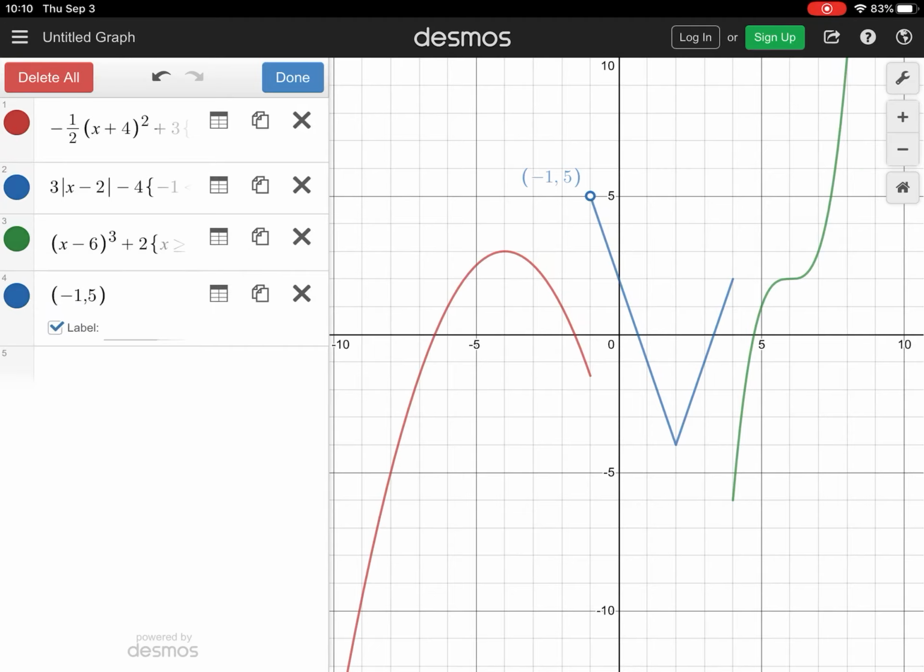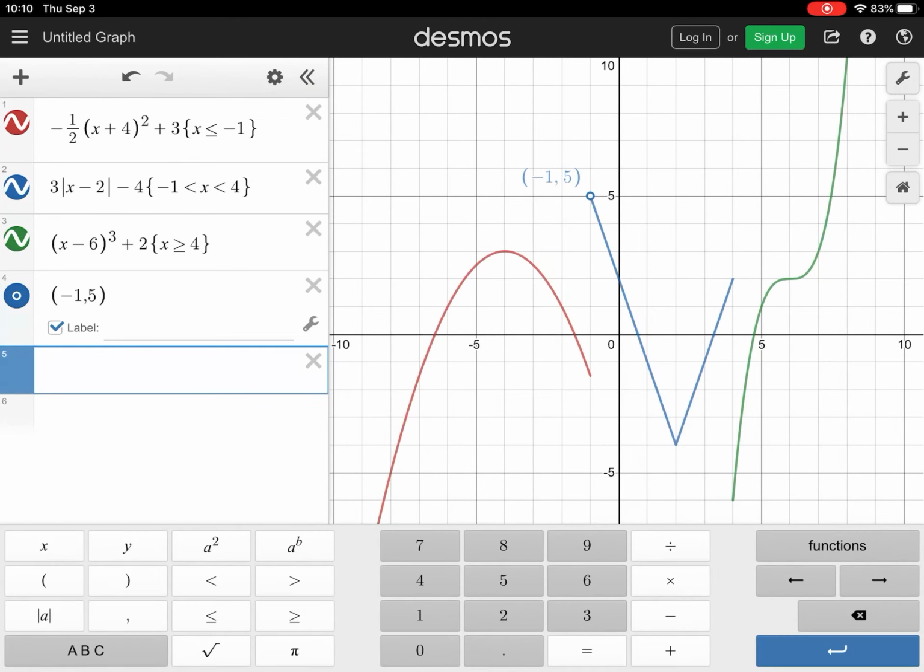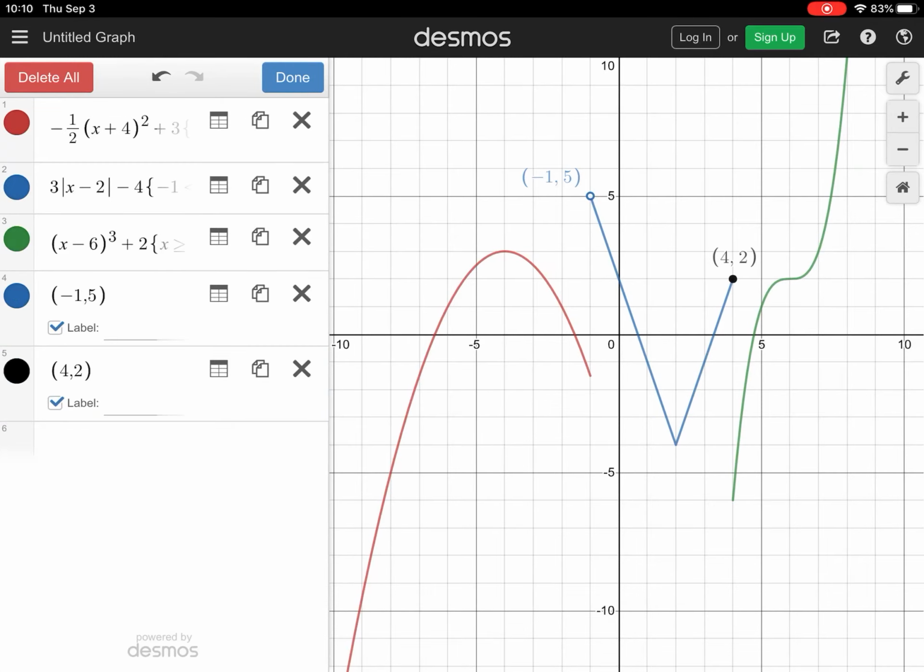I also like to change it to match the color of that graph. So the other open point was at 4, 2. I want to label it. I'm going to hit edit, open it. I again want to change it to that same color.